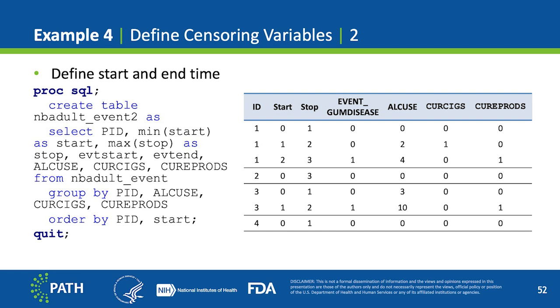In the data, we only include the distinct pattern of those time-dependent covariates. Here, we provide an example SAS code to show how to collapse the records with the same pattern, but we will not go into detail for this webinar.